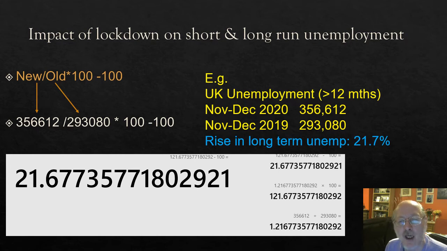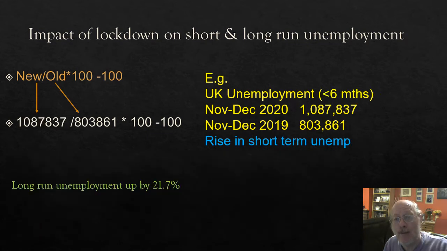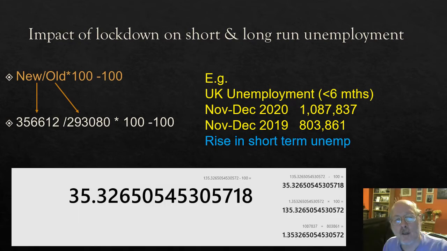So the rise in long-term unemployment is roughly 21.7%. If we look at frictional unemployment, we currently have 1,087,837. So that's a new figure. A year ago, it was 803,861. Again, whack that into the calculator and we get an increase of 35%.